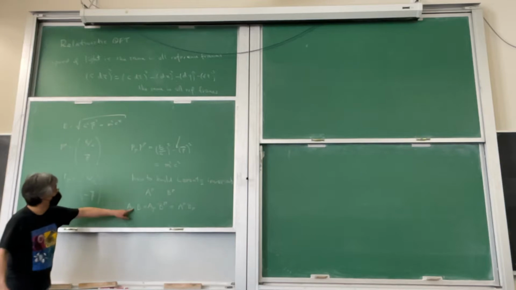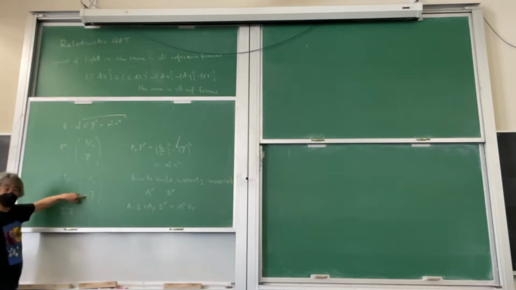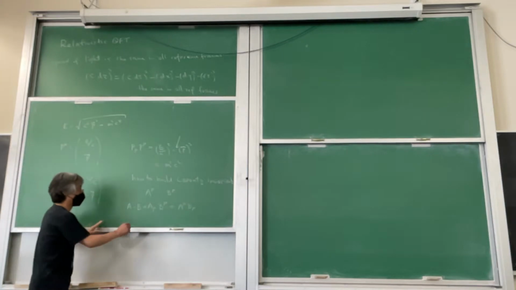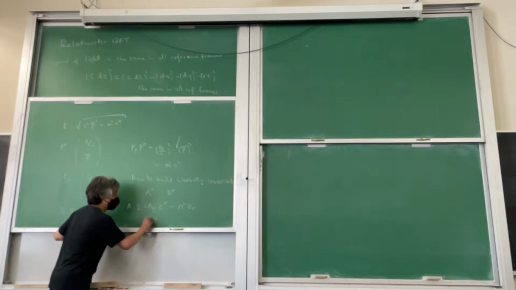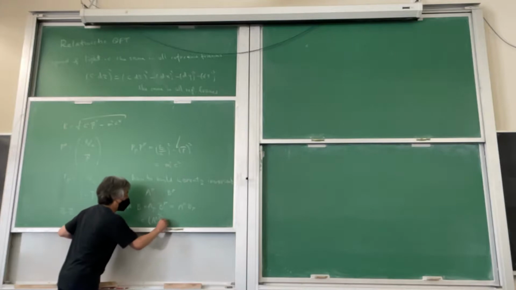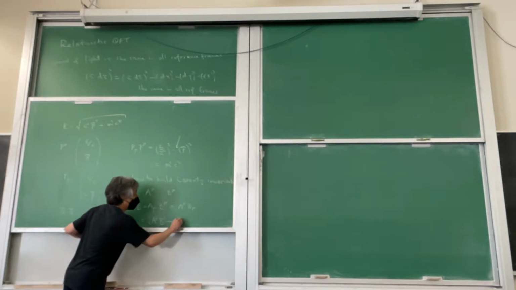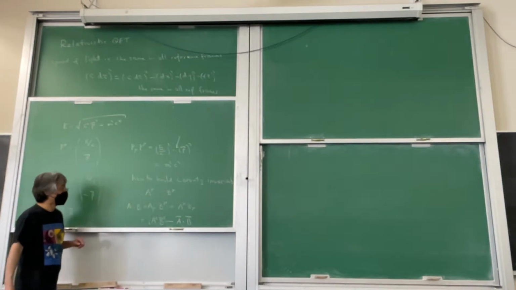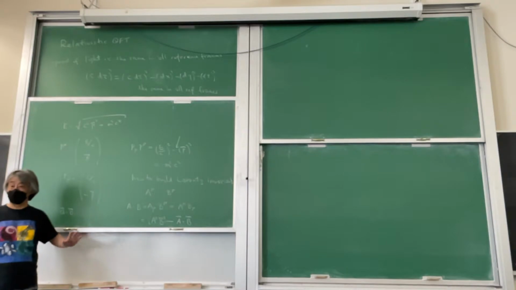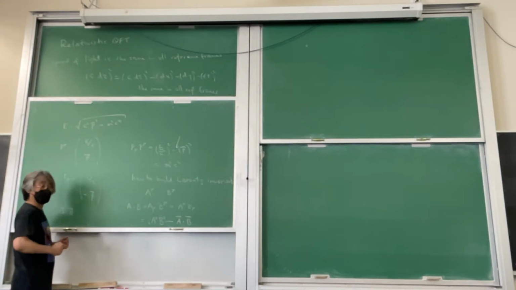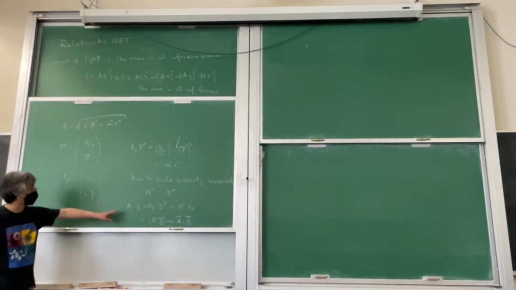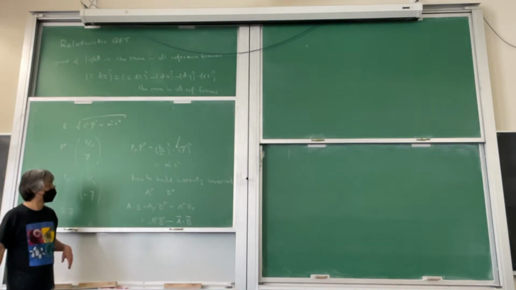But this dot has this extra sign in it, so time component squared minus spatial component squared. So A naught B naught minus the spatial components of A and B. So this notation is a little bit ambiguous, but this is what we often do. So you have to be careful about what's meant by dot when you actually see it.